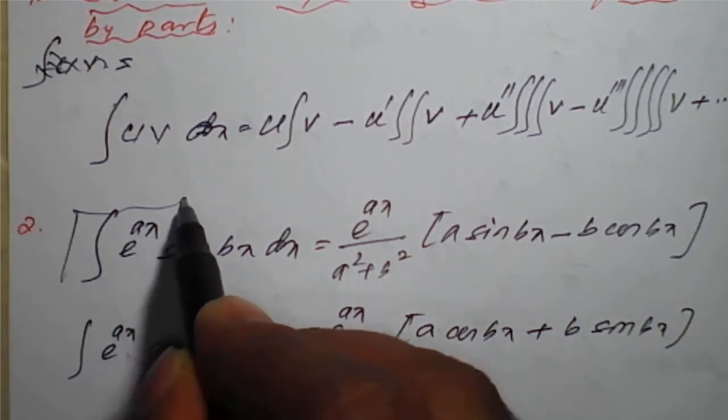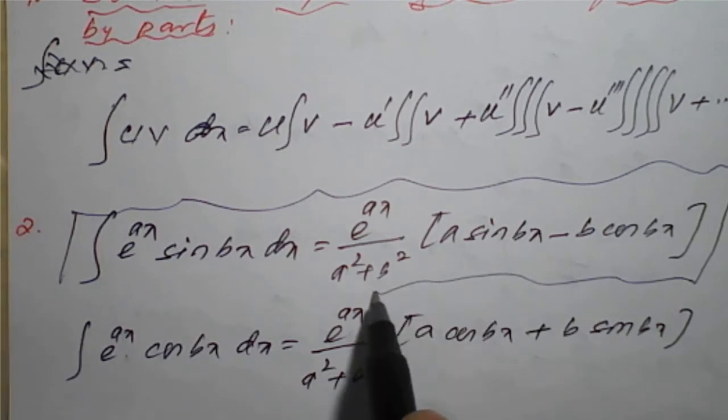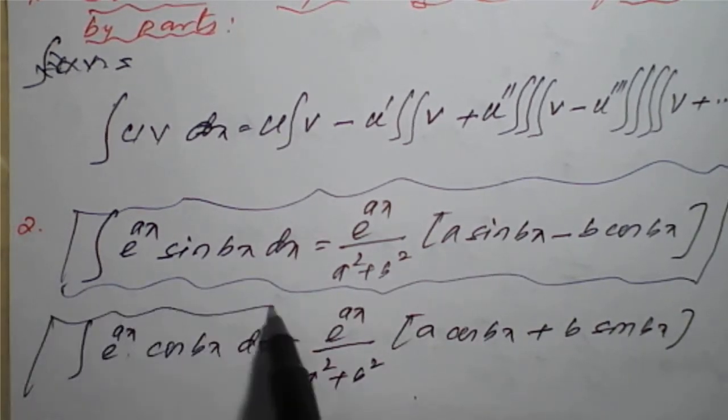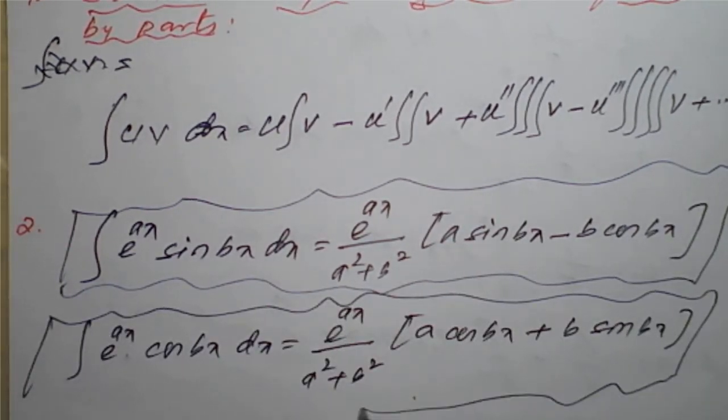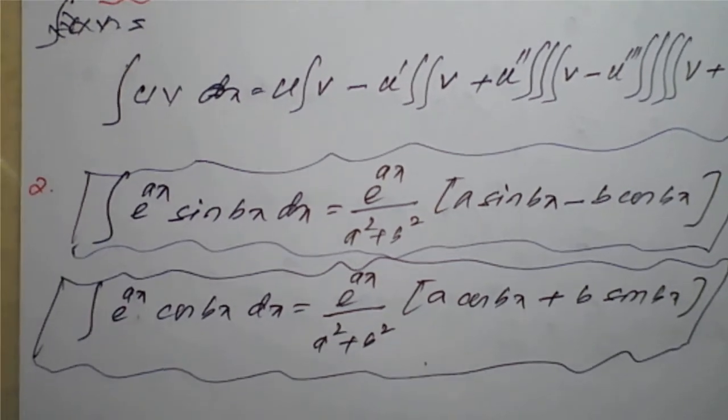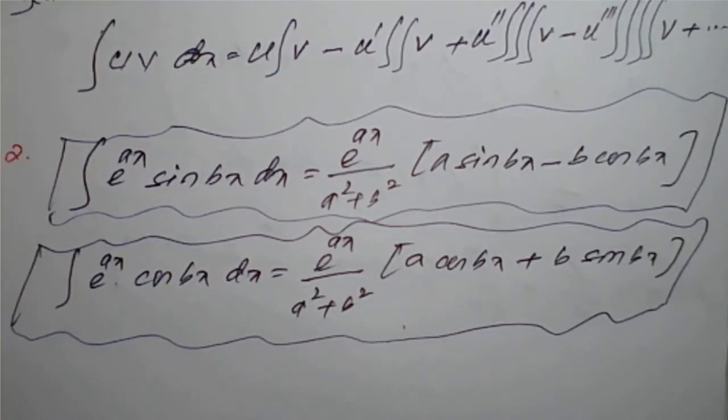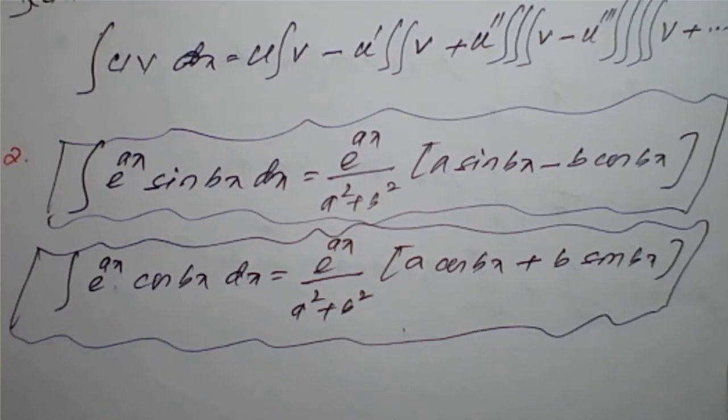So this is one of the formulas, and similarly we have one more formula of this integral. Both formulas you need to remember to get the results of Fourier series.